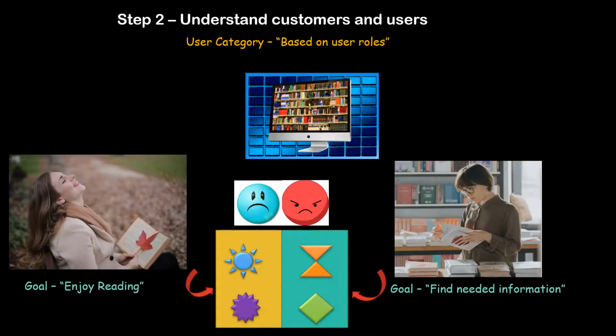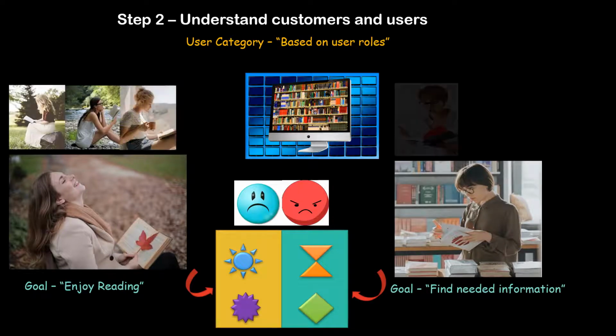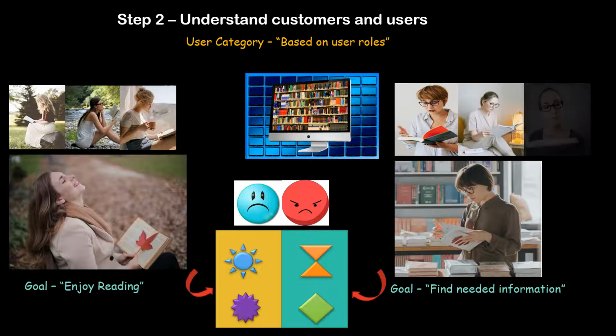So how do you ensure that the website that the team develops is for a specific kind of users who have similar goals, behave similarly, and hence interact with the product in a similar way?